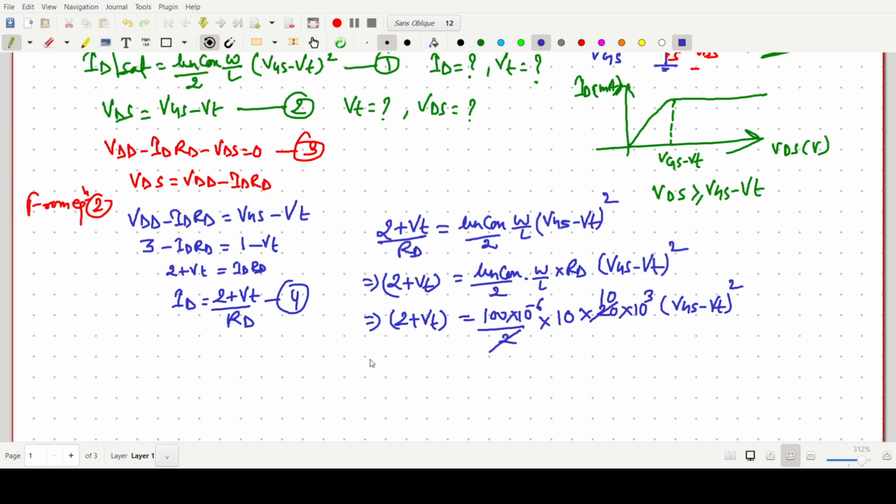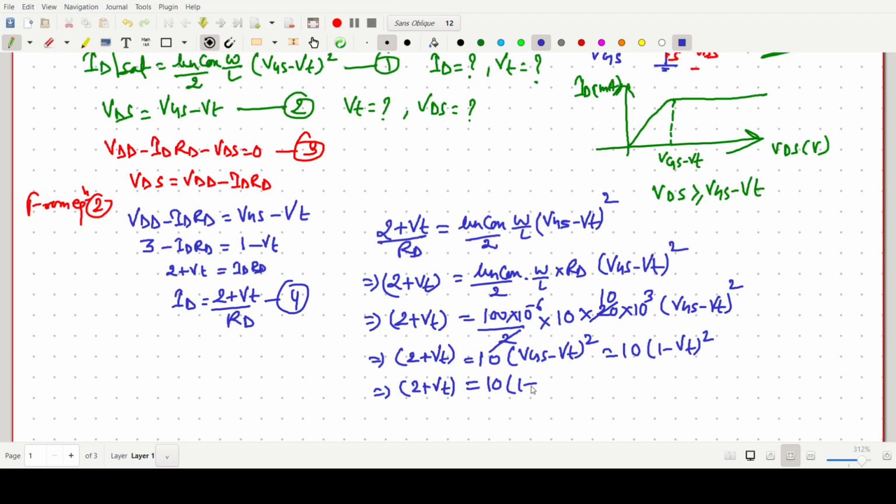Step by step, 2 plus Vt equals 10 times (VGS minus Vt) whole square, and VGS is given, so (1 minus Vt) whole square.